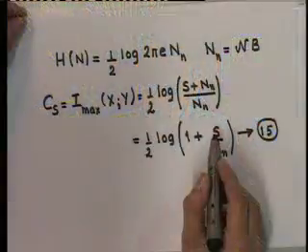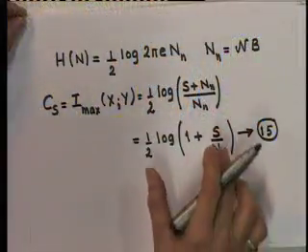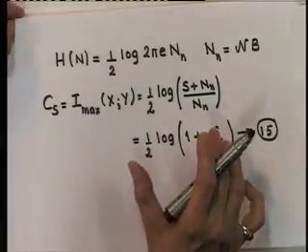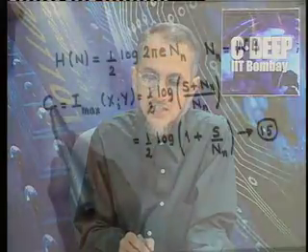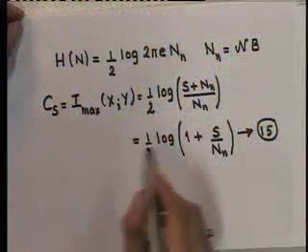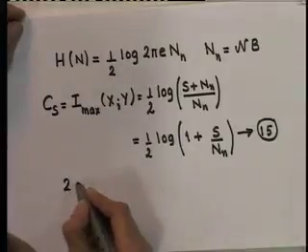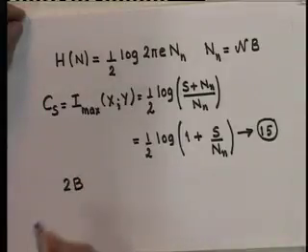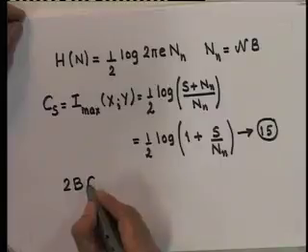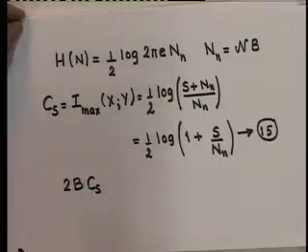Now, the channel capacity per second will be the maximum information that can be transmitted per second. Equation 15 represents the maximum information transmitted per sample. Now, if all the samples are statistically independent, the total information transmitted per second will be 2B times C s.